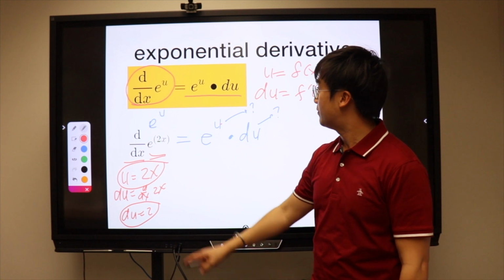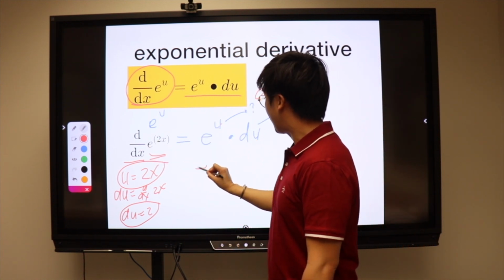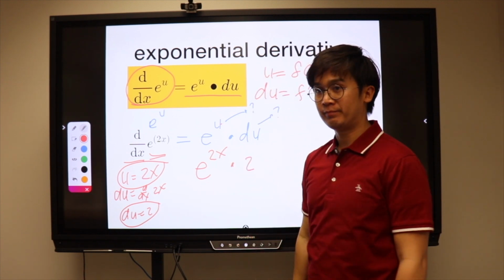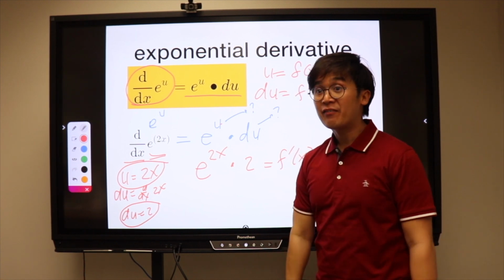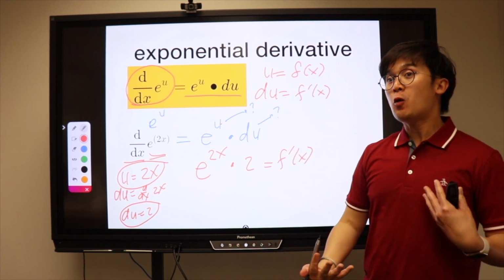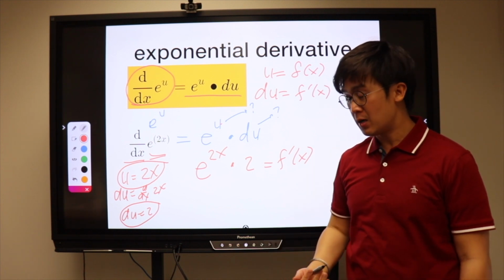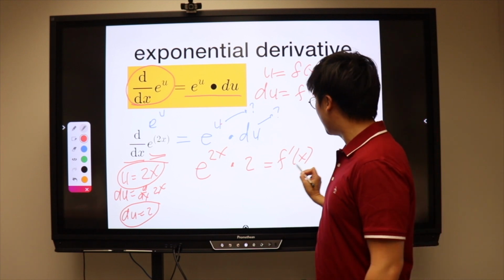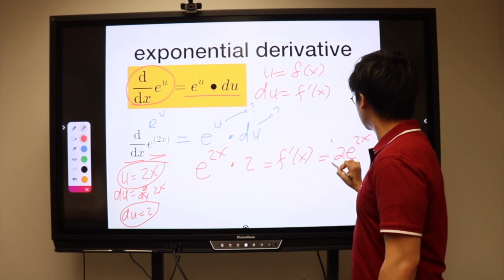That is the derivative of e to the 2x. It's going to be e to the 2x times 2. That's it. This is your f prime of x. But if you want to simplify it and write it in standard form, the standard form of this function can be written as 2e to the 2x.